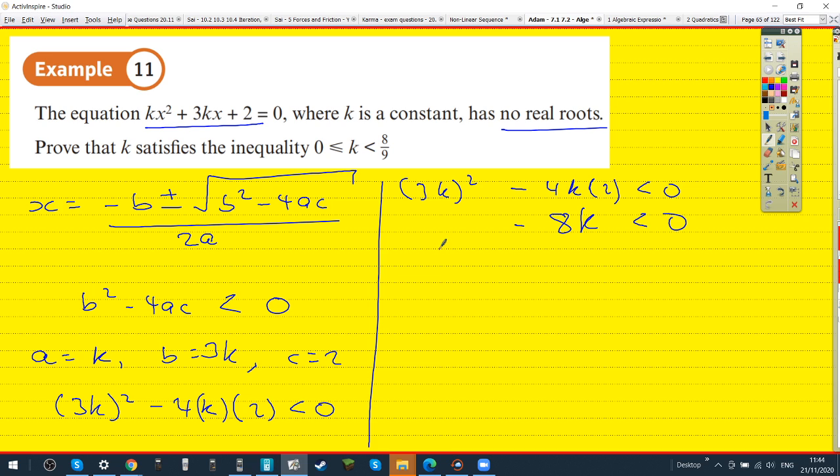And then would you plus 8k on both sides? You can do 3k squared, 3k times 3k, 9k squared. It'd be 9k squared minus 8k is less than 0.